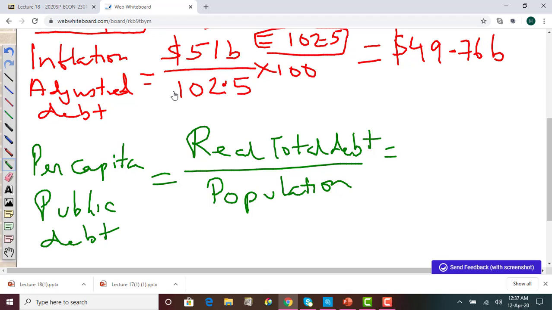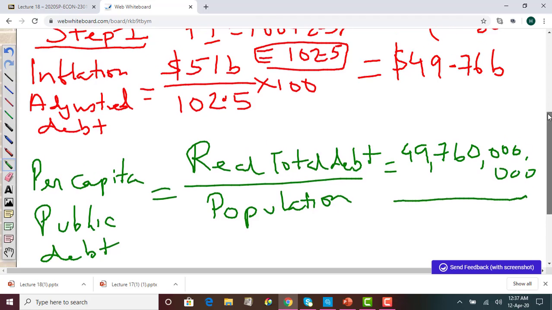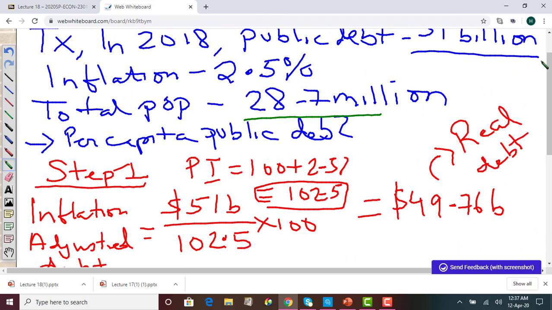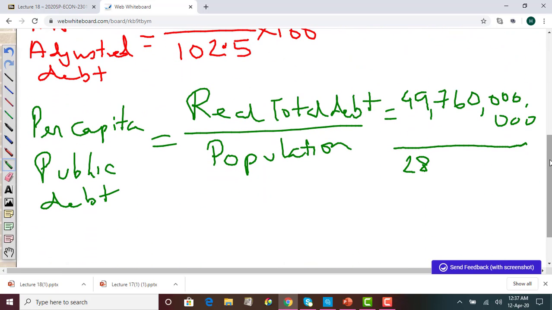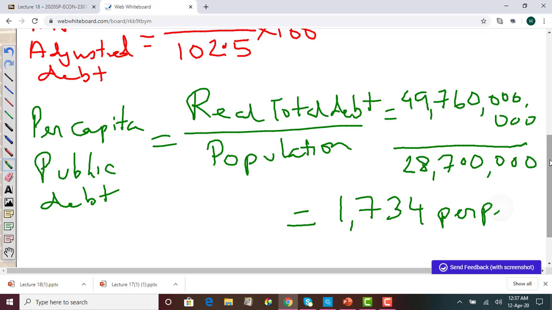We know the real total debt is 49.76 billion, so we convert it into zeros: 49,760,000,000, divided by the total population, which, if you go up, is given as 28.7 million. So let's again convert these into zeros. So we will have 28,700,000. Okay, and if you put it in a calculator, you will get an answer of $1,734 per person.